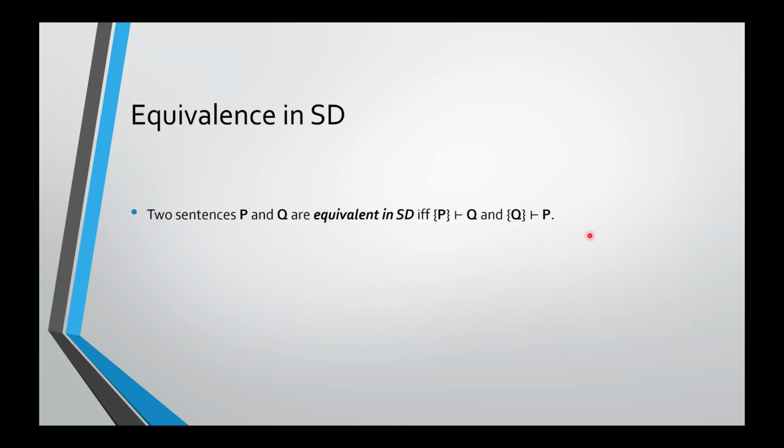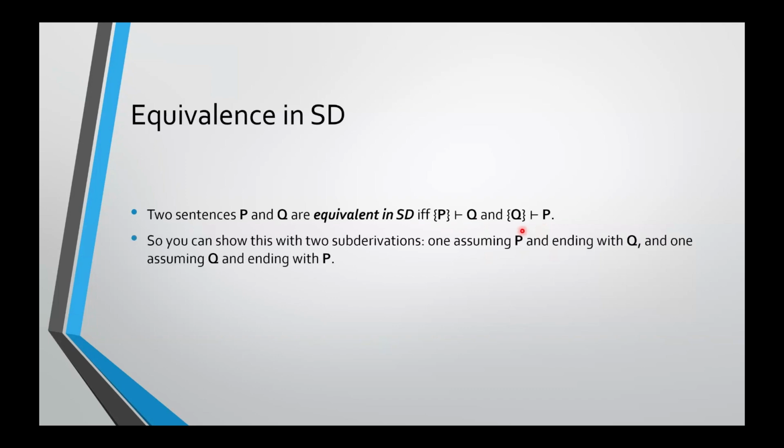Two sentences are equivalent in SD if and only if they're derivable from each other. If Q is derivable from the set containing P and P is derivable from the set containing Q. So to show that two sentences are equivalent, what you need are two subderivations.